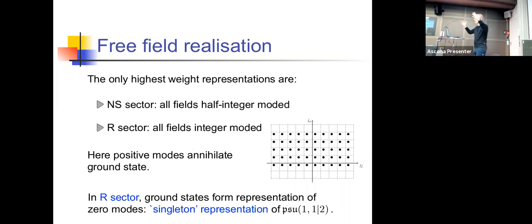You see, if there were fermions, they would produce for you a finite dimensional Clifford algebra representation, because a fermion you can apply at most once, but a symplectic boson you can apply as many times because it satisfies commutation relations rather than anti-commutation relations. So this is basically what this representation looks like. And the ground states form what you may call the singleton representation of PSU(1,1|2). That's just for people who've come across these types of representations before.